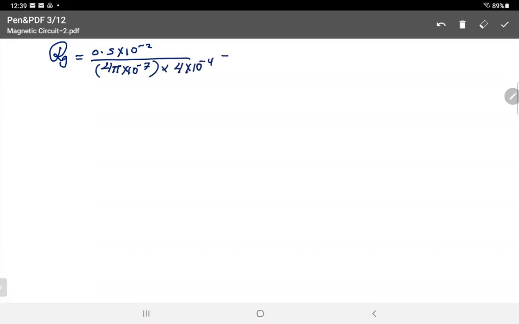When we calculate the value for the air gap reluctance, it's equal to 9.9 times 10 to the power 6 ampere turn per Weber. If you remember what we did in the previous lecture, we always find that the reluctance of the air gap is the biggest value. It's the most effective value, the air gap. All right. So what next?